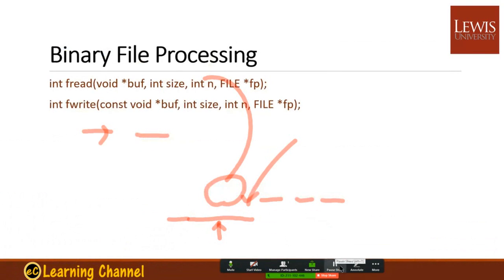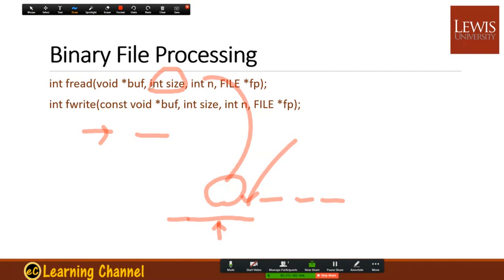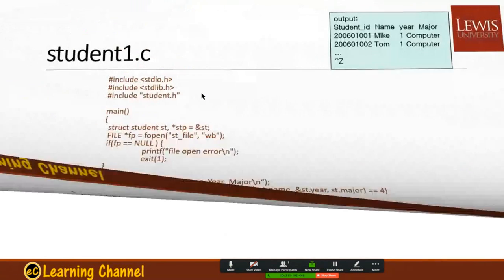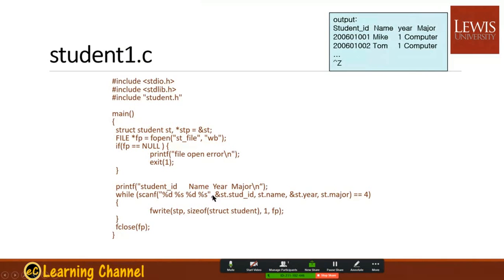Whenever you use a buffer to read in or write out, this size is the size of an integer, a character, or a structure. And here is the number of copies of the structure or buffers. So by this, you read in everything, and ST is a structure with the student ID, student name, student year, and student major.